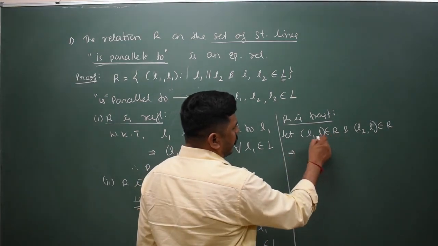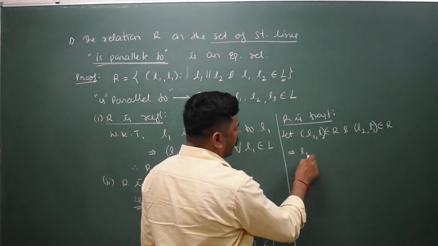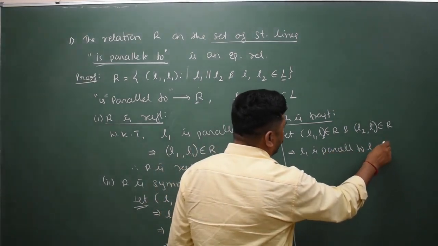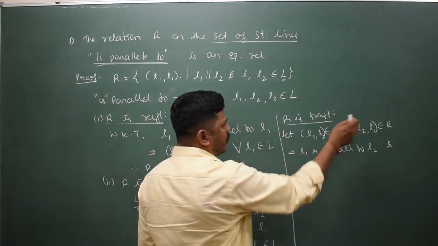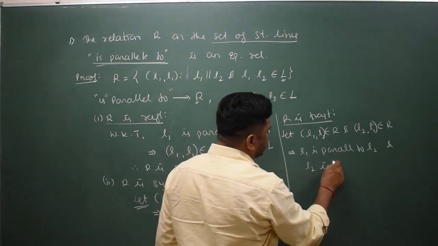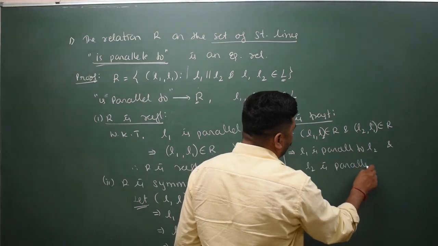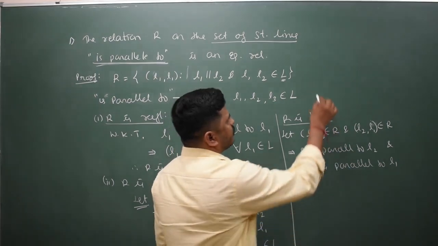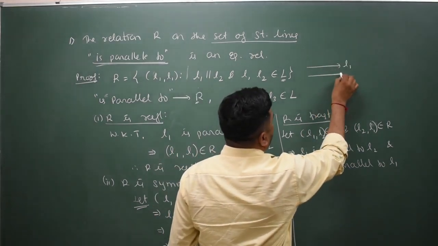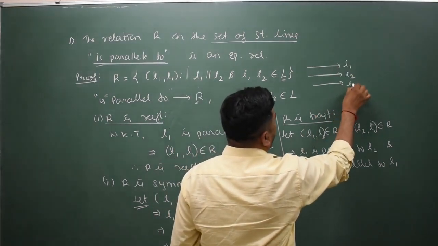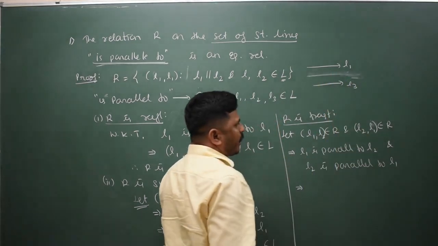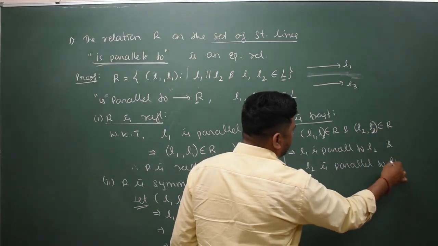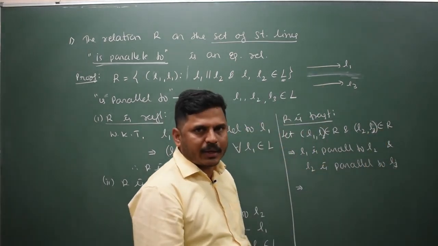L1 comma L2 belongs to R means L1 is parallel to L2, and L2 comma L3 belongs to R means L2 is parallel to L3. Does it imply L1 is parallel to L3?